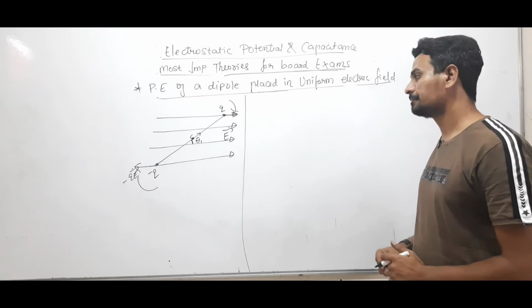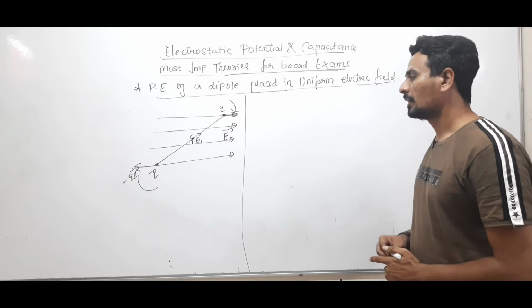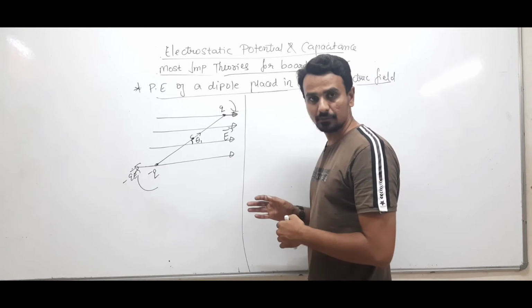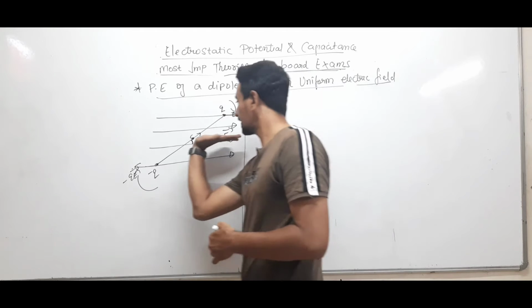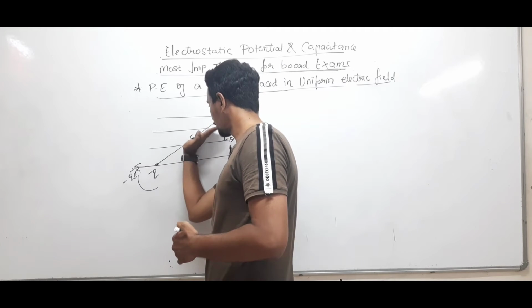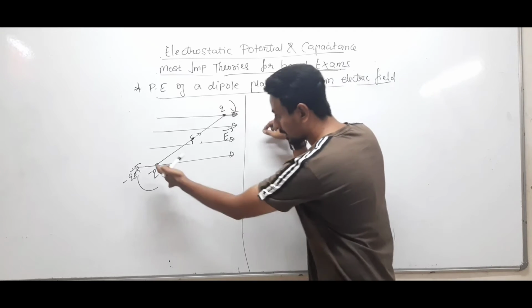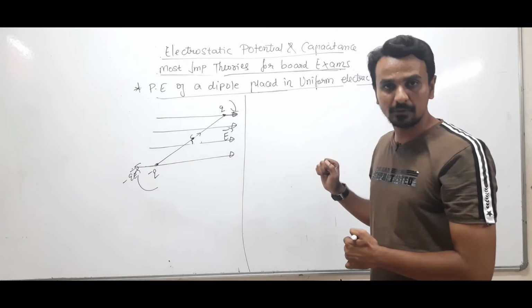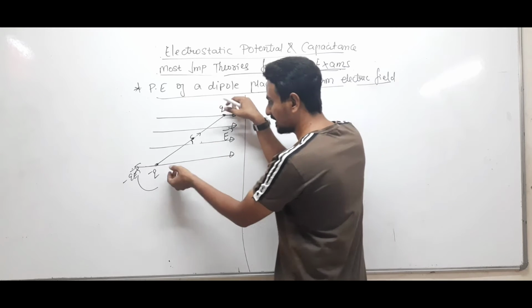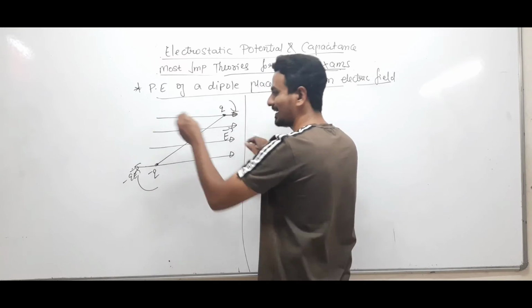Clear? Suppose I am applying an external torque to rotate the dipole from this position to some other position. So some work has to be done against the torque which is acting on the dipole. See, this torque is acting this way, that is in clockwise direction.